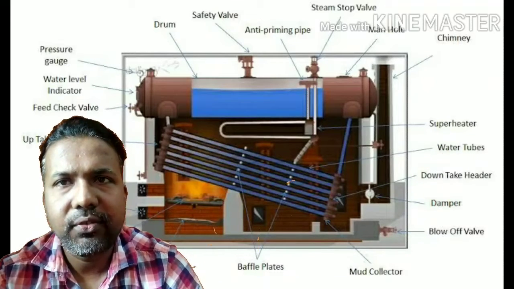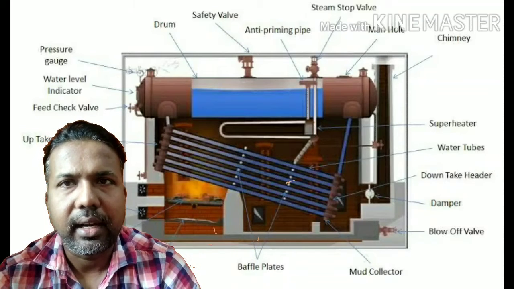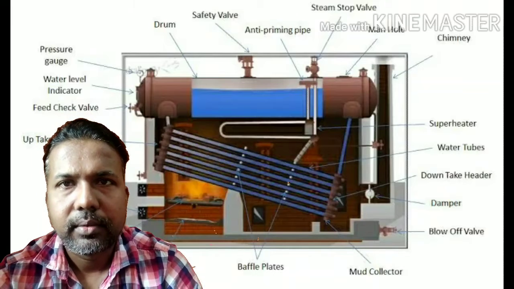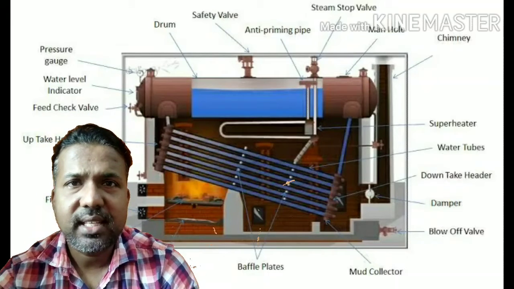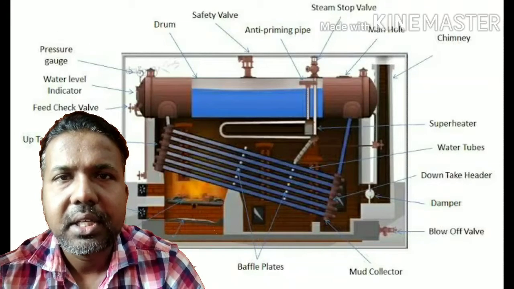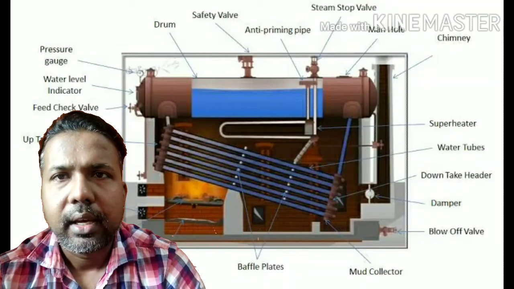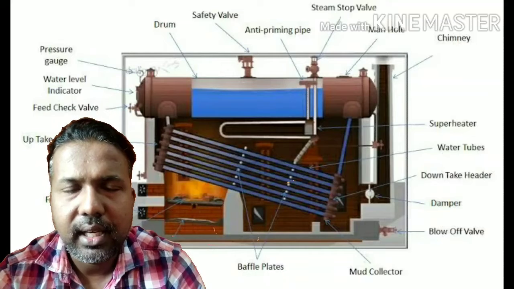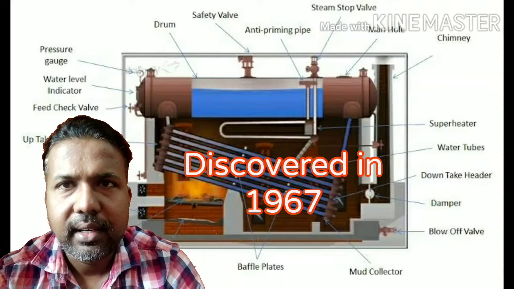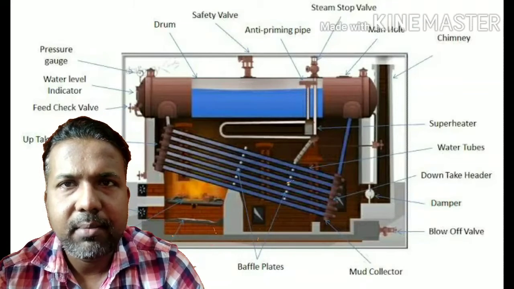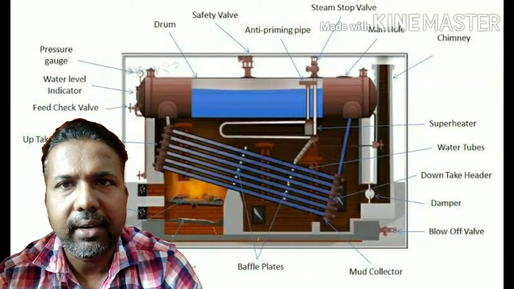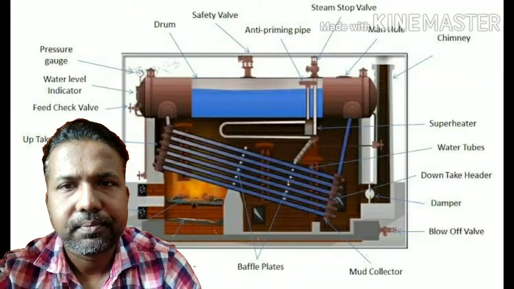It is an externally fired boiler, and the important one, it is a water tube boiler. It was discovered by George Herman Babcock and Stephen Wilcox in the year 1967, and that's why it is named after its discoverers, the Babcock and Wilcox boiler.